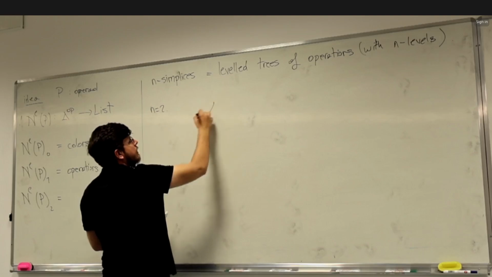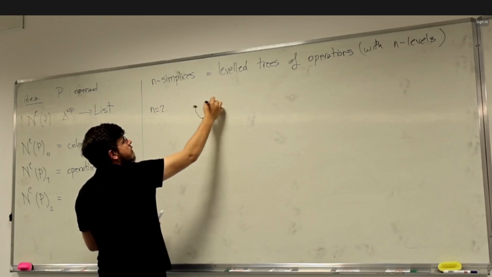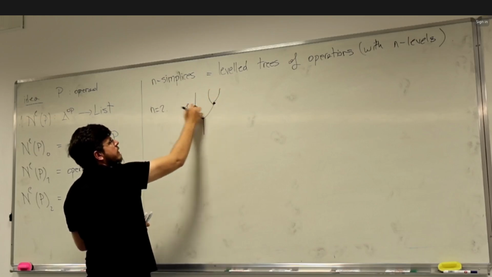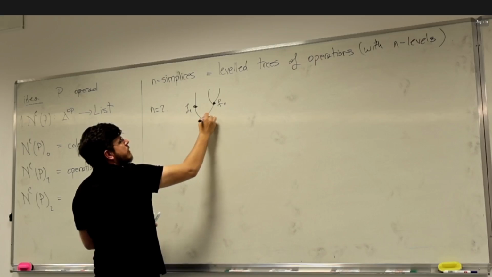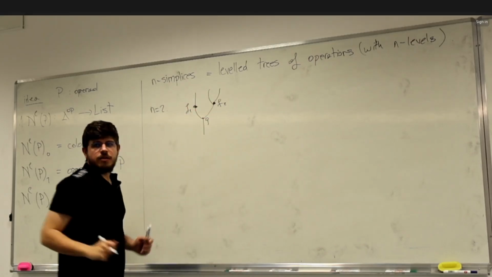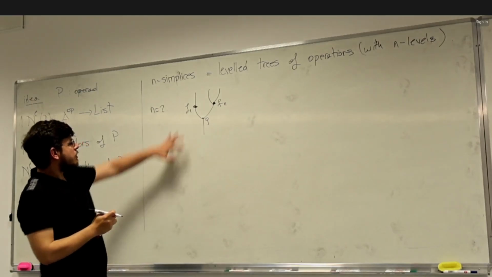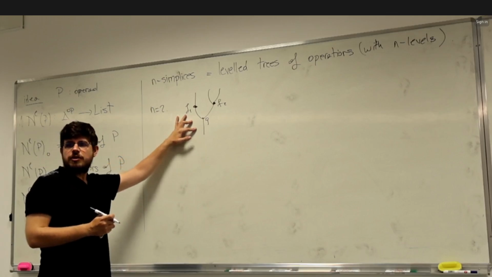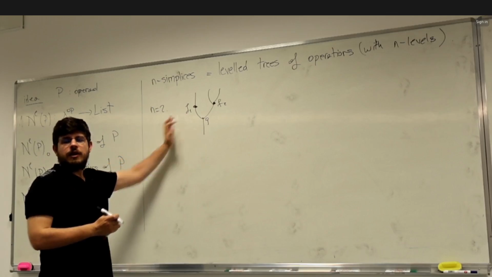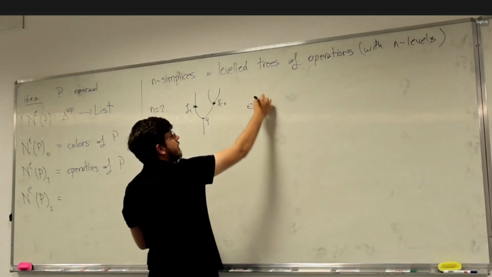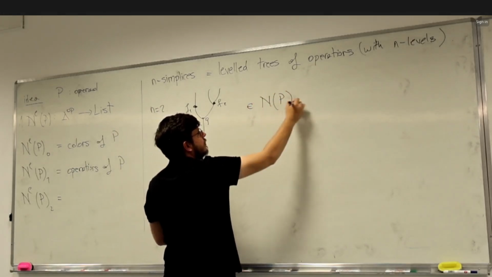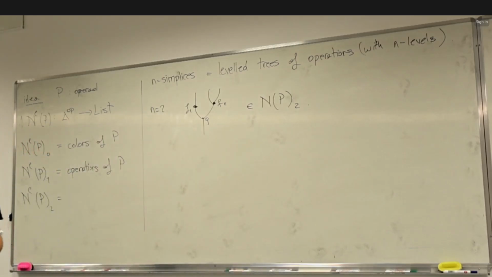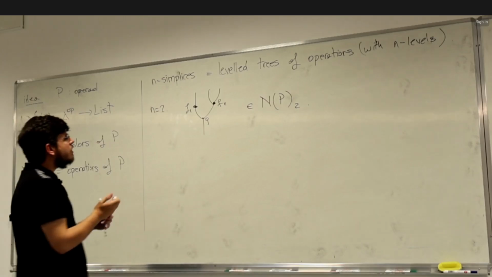So you have something of this form, with F1, F2. I'm not labeling colors; we have some colors here, whatever they are. This configuration of operations in an operad would be recorded as a 2 simplex.